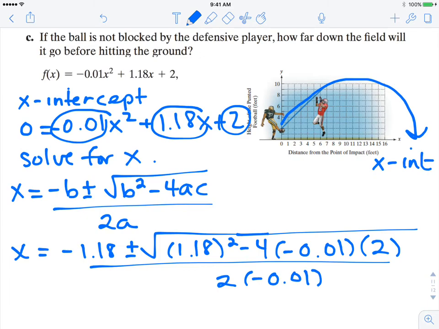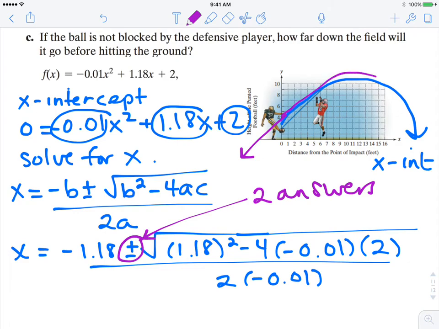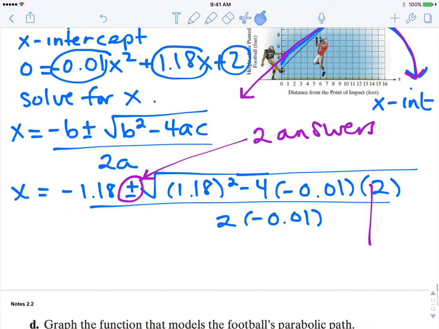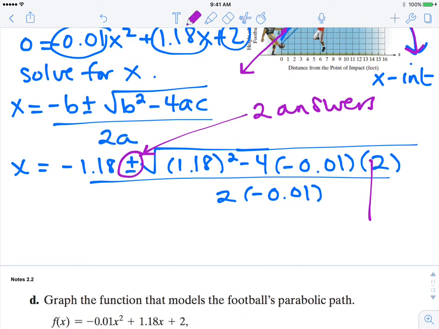Now, notice this plus or minus is going to give us two answers. One will be a negative. That's not going to hold true. We want the one that's going to be the positive. So when we plug it into our calculator, we need to make sure it's a positive answer. So now let's say we go through and plug it into our calculator.